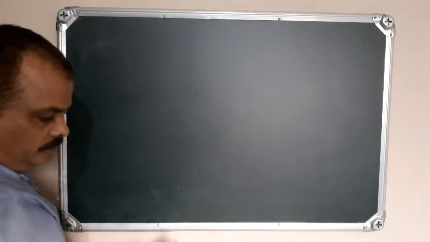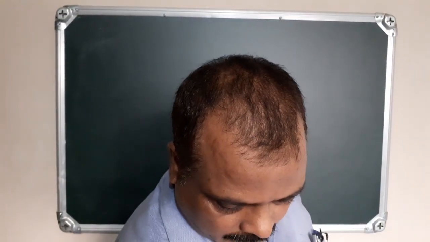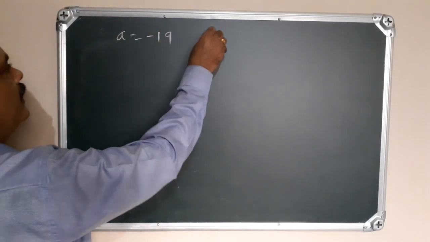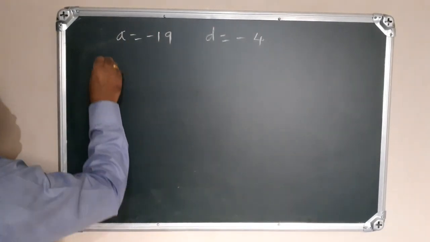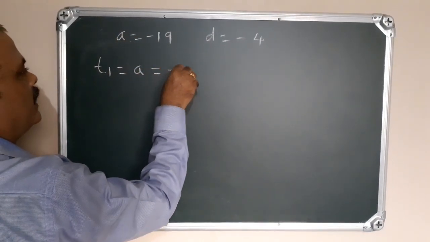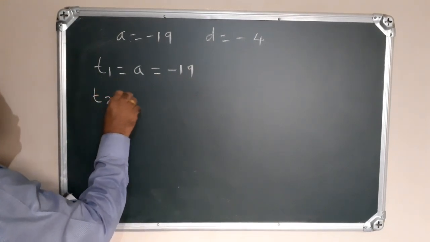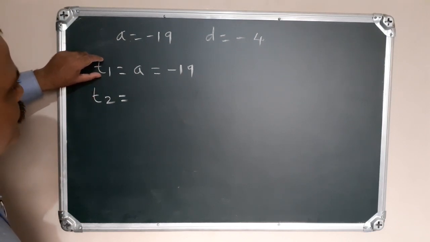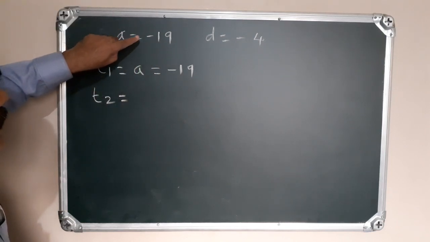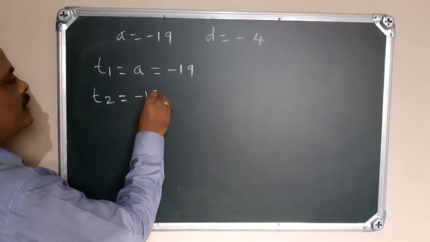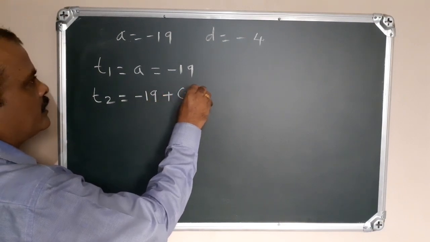Then another example, A is equal to minus 19 and D is equal to minus 4. So this is the first term. The first term is A, that is minus 19. Then the second term, what is the second term? If we add minus 4 to the first term, that is minus 19, then we will get the second term, that is minus 19 plus minus 4.